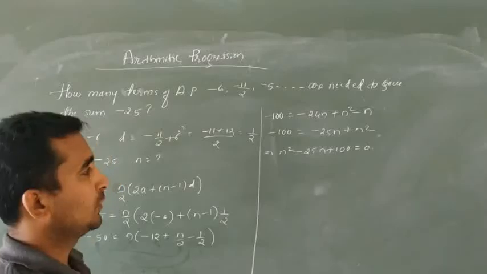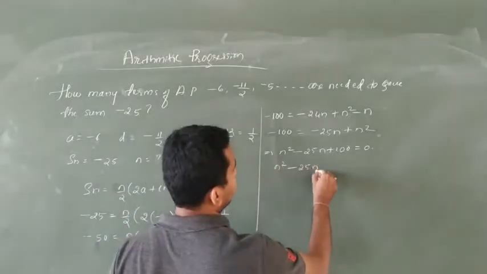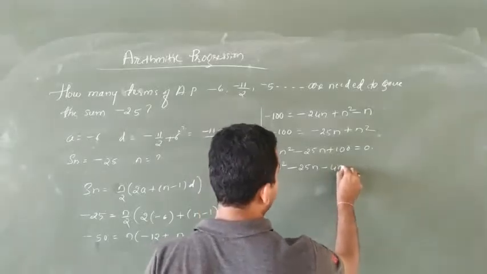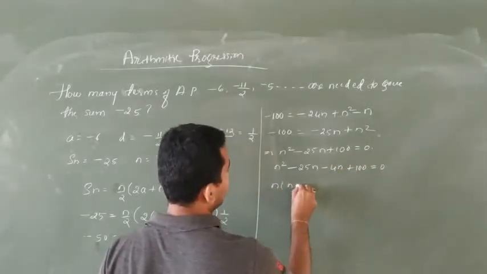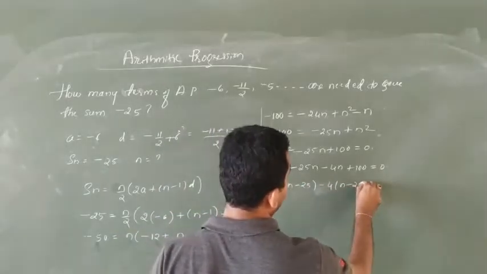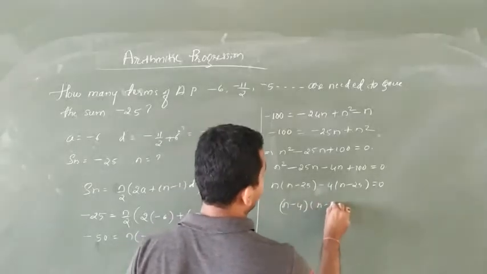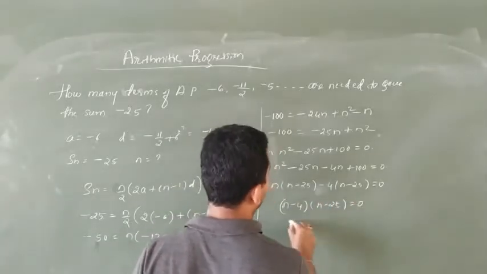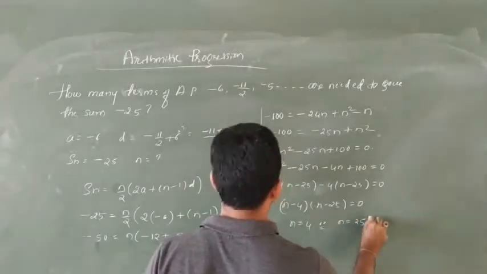Okay, so n square minus 25n minus 4n plus 100 is equal to 0. Then n minus 25 into n minus 4 is equal to 0. So n is equal to 4 or n is equal to 25.